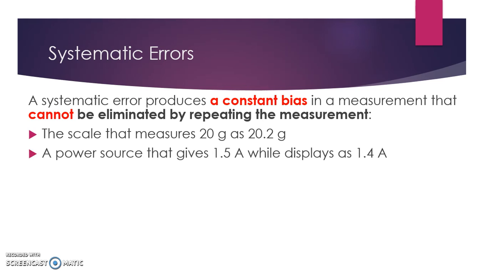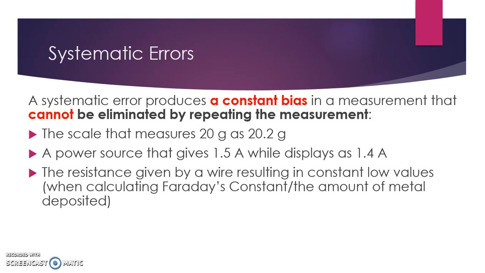Or sometimes you have a power source that gives 1.5A when it displays 1.4A, or the resistance given by a wire results in constantly low values when we are trying to determine Faraday's constant. That will be a systematic error. It will always result in lower values when you calculate Faraday's constant.